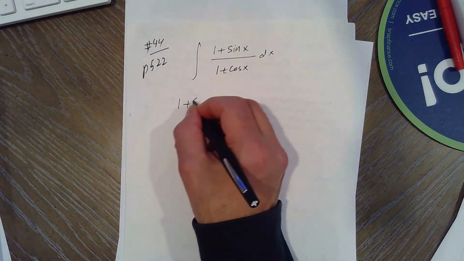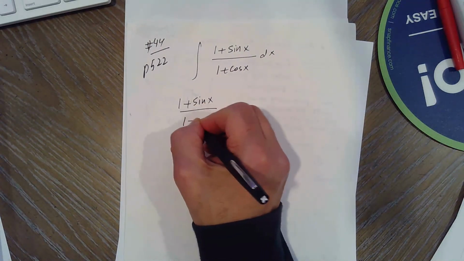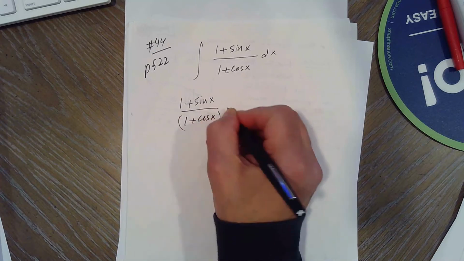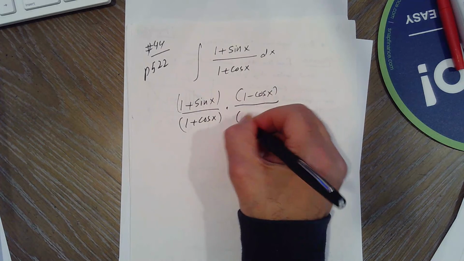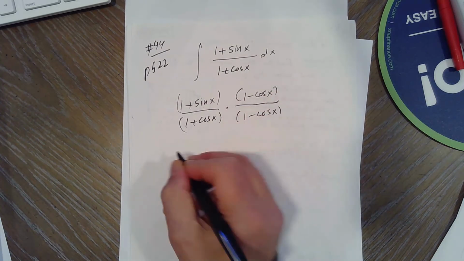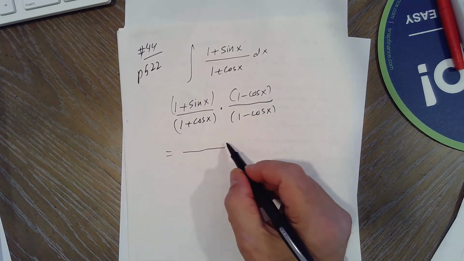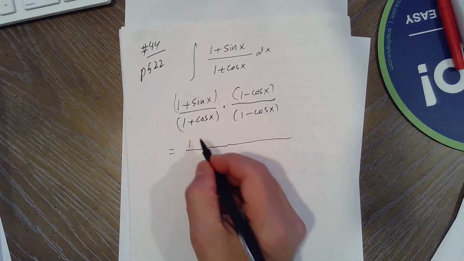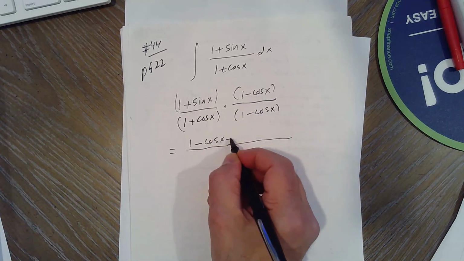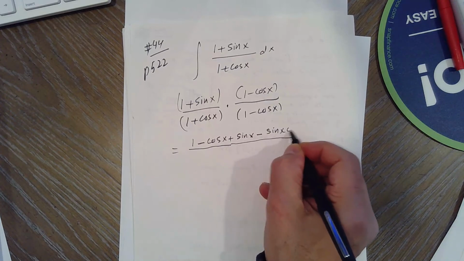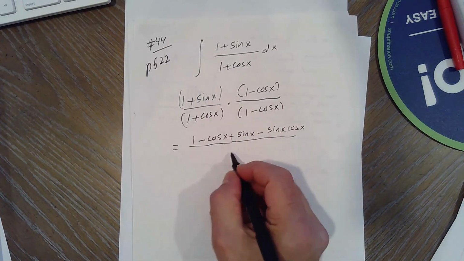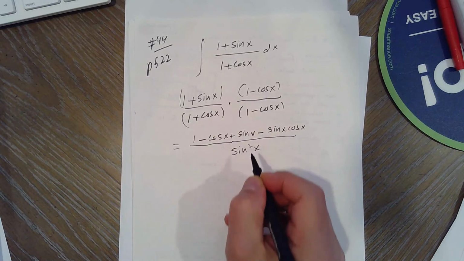So if I take 1 plus sine x over 1 plus cosine x and multiply it by the conjugate of the bottom, which is 1 minus cosine x, if you foil the top, it would be 1 minus cosine x plus sine x minus sine x cosine x. The bottom would be 1 minus cosine squared, which is sine squared.